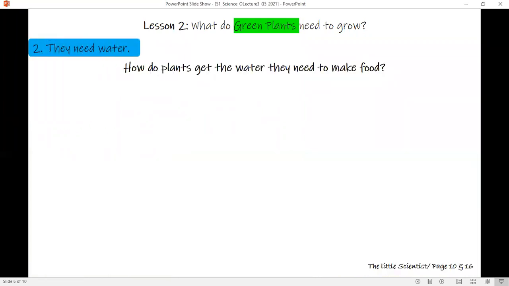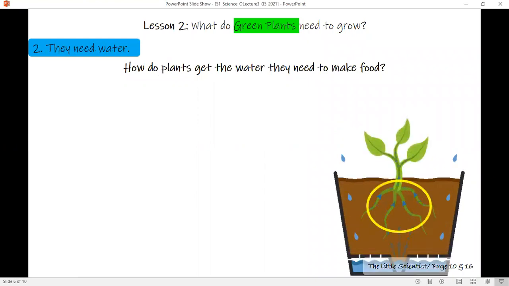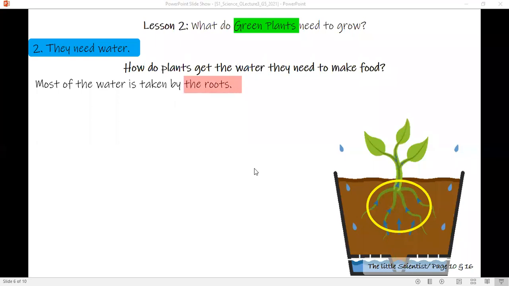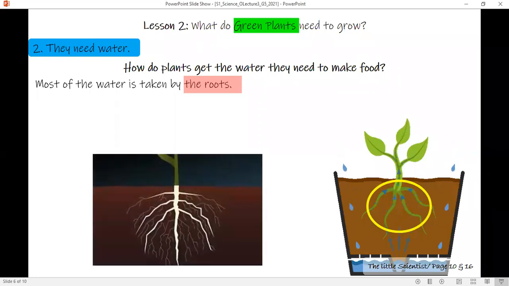What about water? I think you all know the answer. What helps a plant get the water it needs? For sure, the roots. The roots are the hidden part of the plant. They are found in the soil, and they help absorb the water and the minerals from the soil.